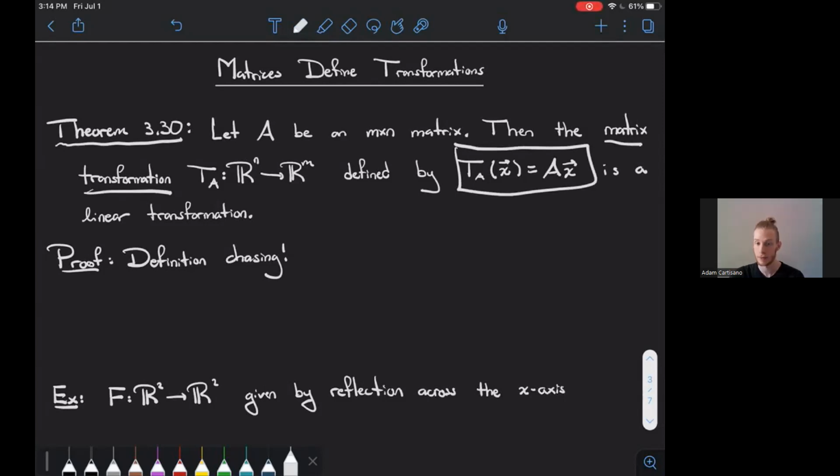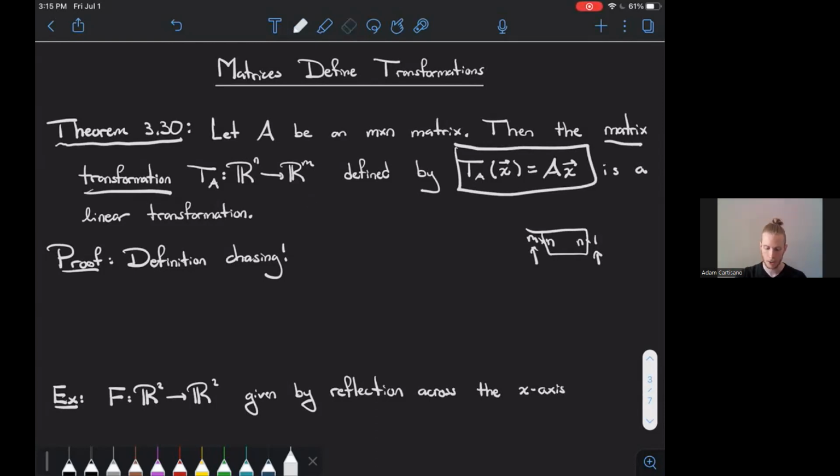If it's a column vector x inside of Rn, then it has n rows and one column. But A is m by n. So m by n times n by 1: notice the insides match and the outsides form an m by 1 column vector, which is precisely an element of this codomain Rm.